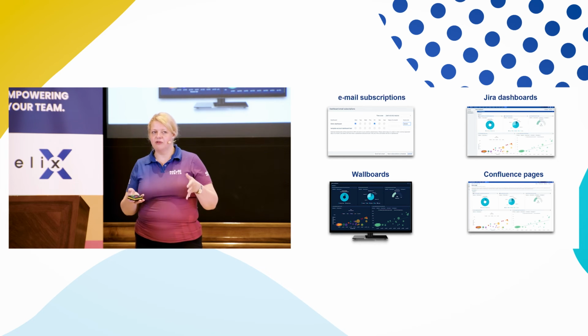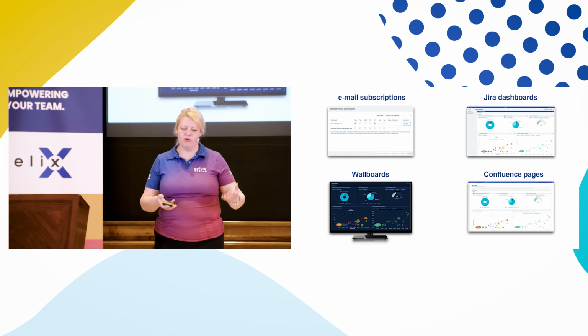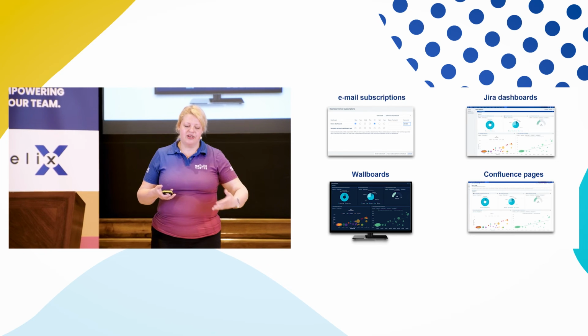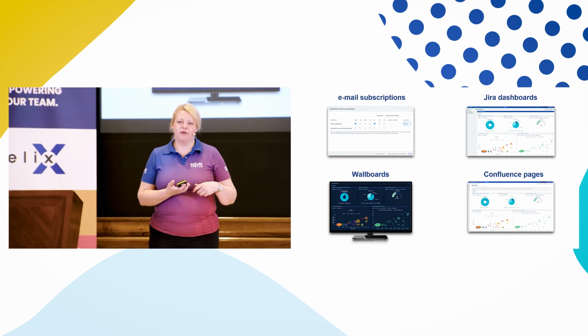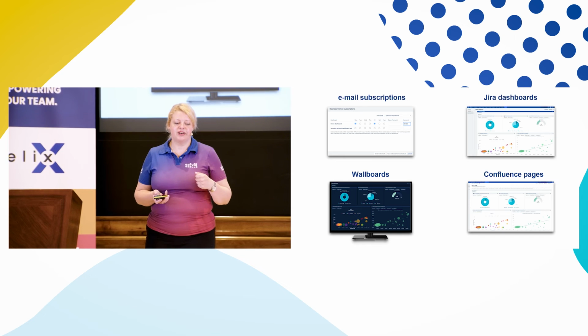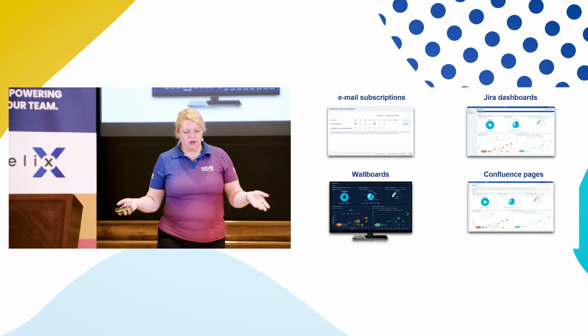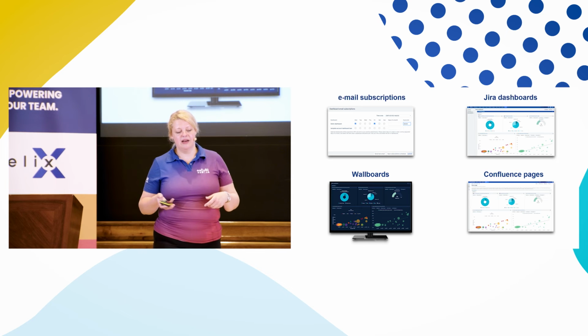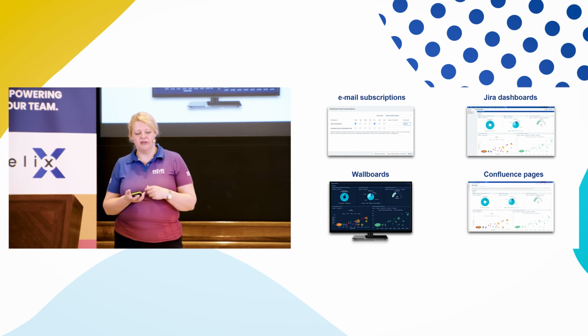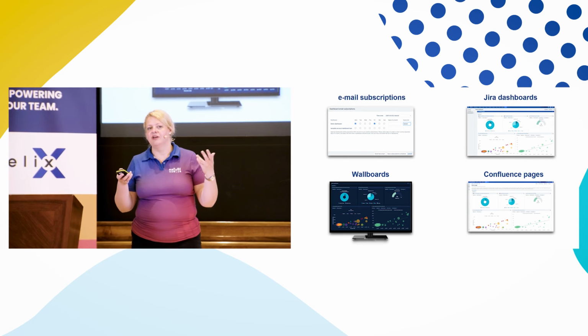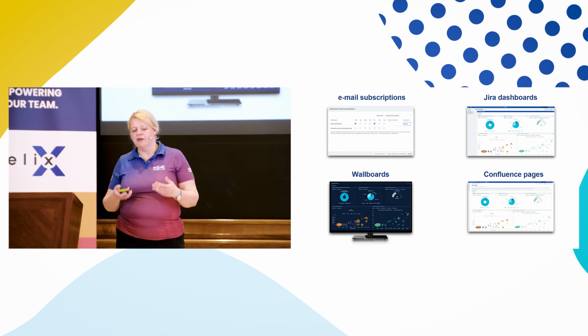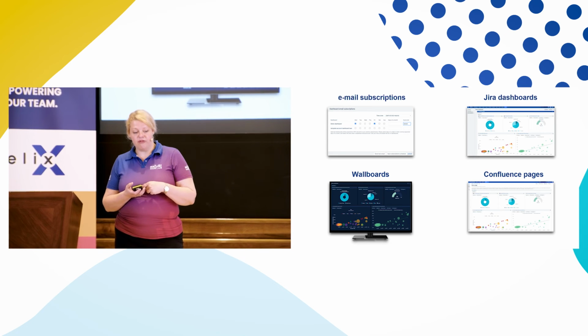You can put them on a Jira dashboard as a gadget, so everyone who goes to Jira and has access to these reports can open them whenever they open Jira. You can put them on large screens in your development room on wallboards and show the information all the time. Or if you have the Jira for Confluence app, you can publish them on your Confluence pages as well.